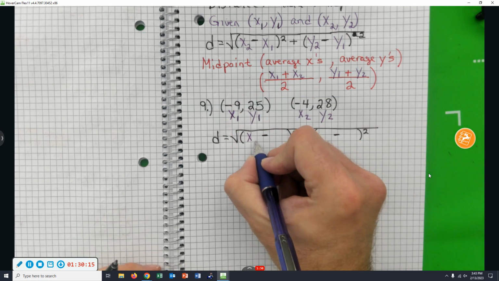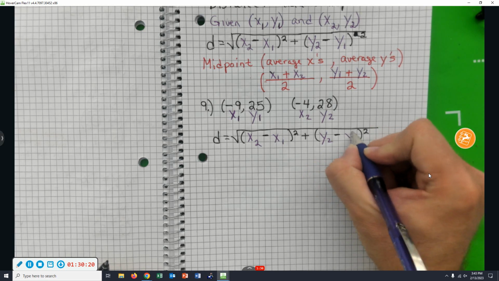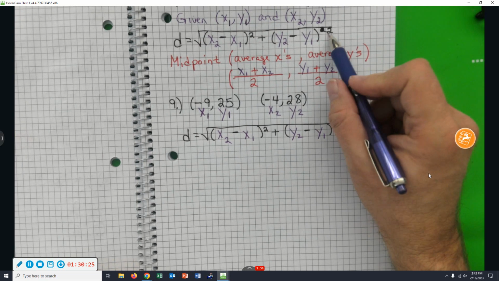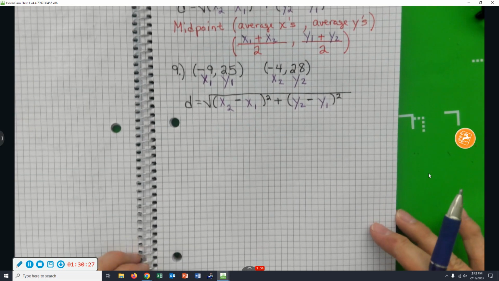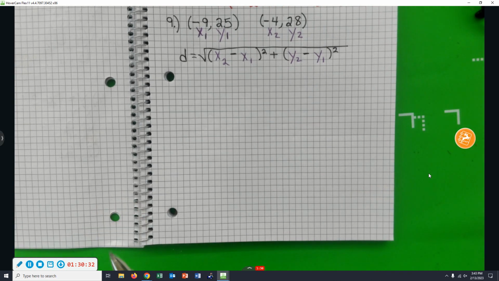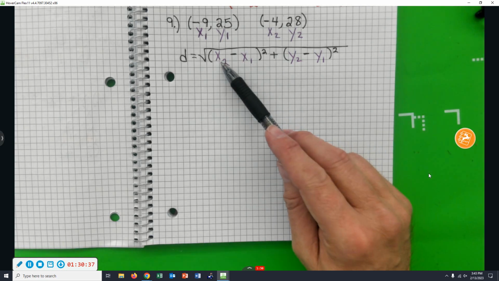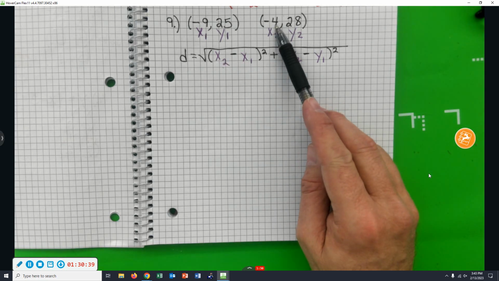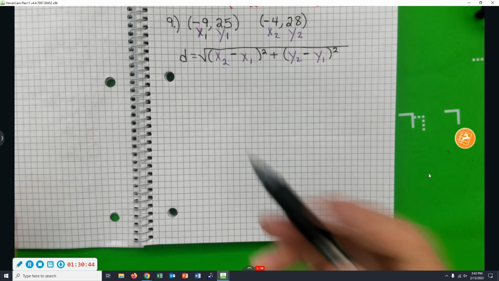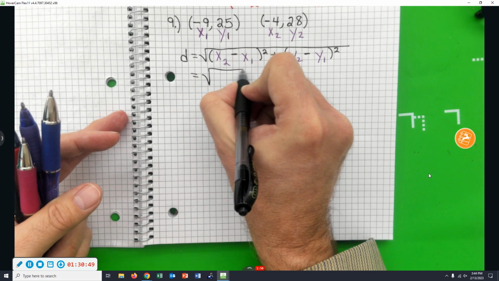So I can push my paper up a little, and it doesn't have that smudge mess right here. Now just plug in. In place of the x2, put a -4. In place of the x1, what am I going to put? -9. Be very careful.